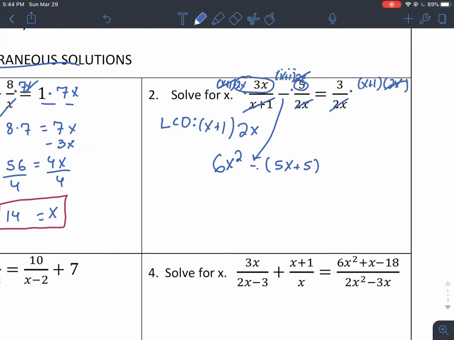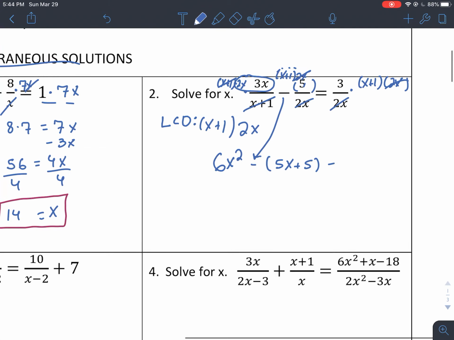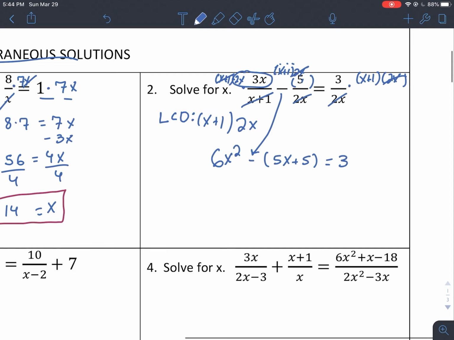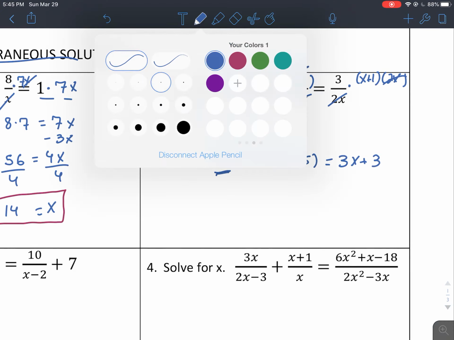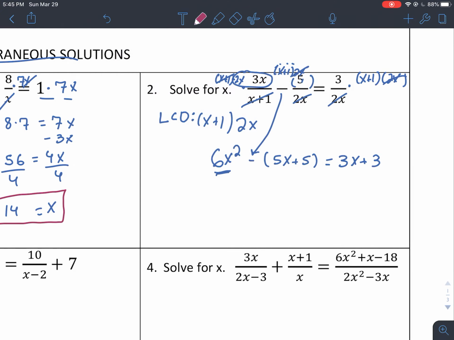I put that in parentheses because this top part right here is technically in parentheses. So then we just keep it in parentheses. And then we say it's equal to 3x plus 3. And then we're going to go through and we're going to solve this. Notice, quadratic. How do we solve a quadratic?